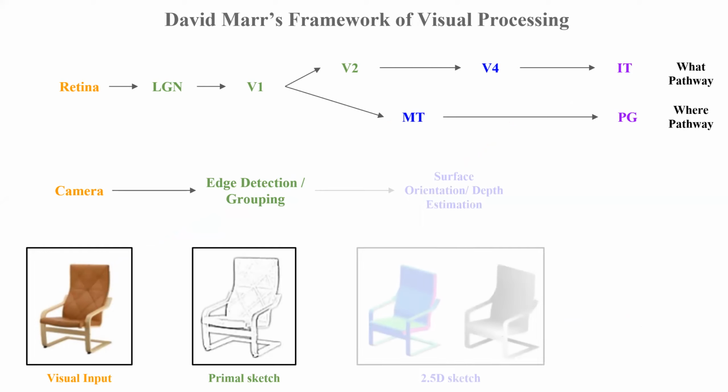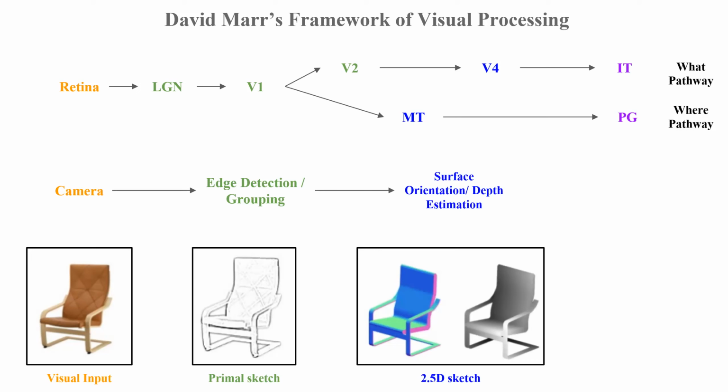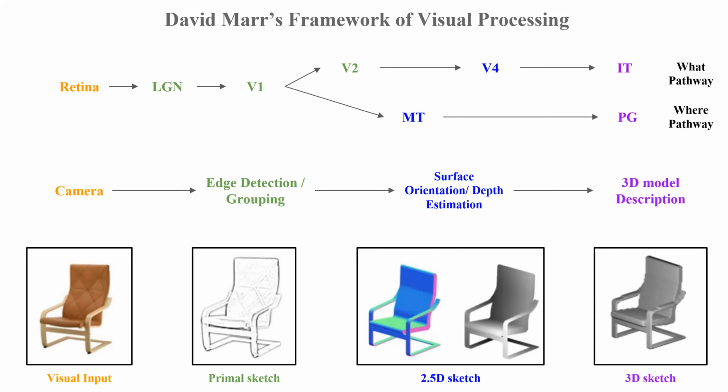Then with grouping, together with the 2.5D sketch, you basically have a 3D model, either non-parametric or parametric. David Marr laid out these theories, and we have really benefited a lot from them.